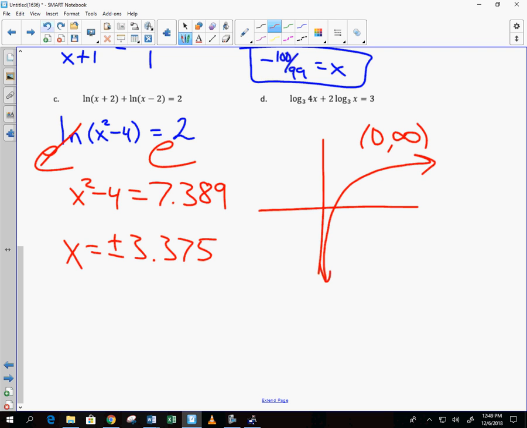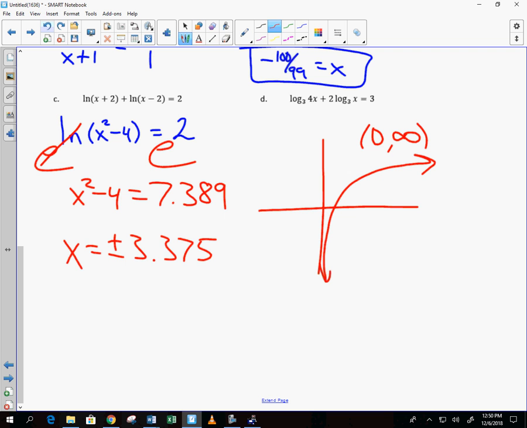So, think about it. If we took these answers and plugged them back in, if you plugged in positive 3, it would be the natural logarithm of, be like 5.375, right? Is that okay? Sure is. Then we have the logarithm of, we plug in 3.37, you're like 1.375. Is that okay? Yep. But think about the negative one. If we plug the negative 1 in, that'll produce the natural logarithm of a negative 1 point something, right?